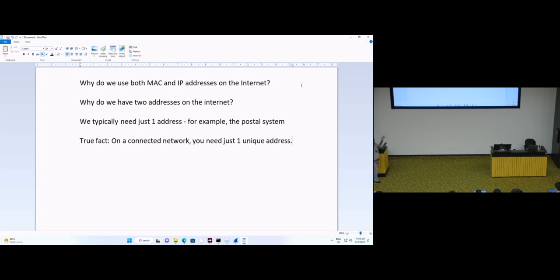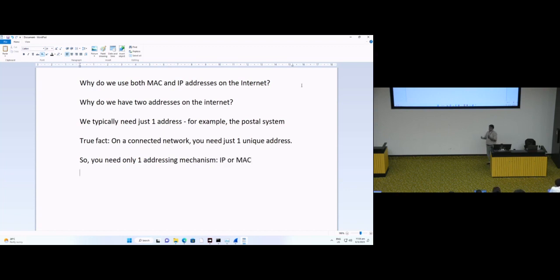Okay, so what this should tell you is that, if you accept this, you need only one addressing mechanism, IP or MAC.